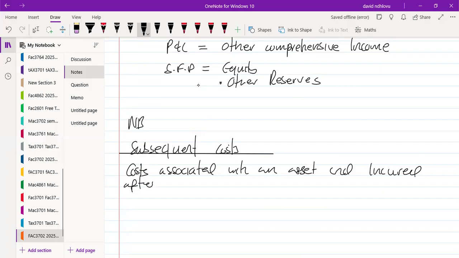We know what to do with the initial cost. We capitalize them if they are direct costs, and we have a list there. But these ones we haven't discussed yet. So these are costs associated with an asset and incurred after initial recognition.